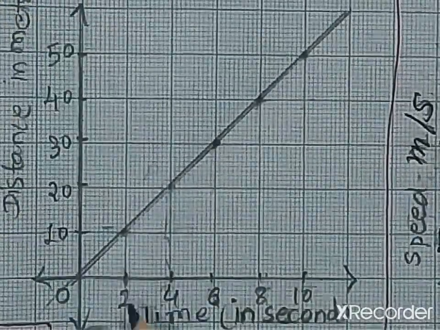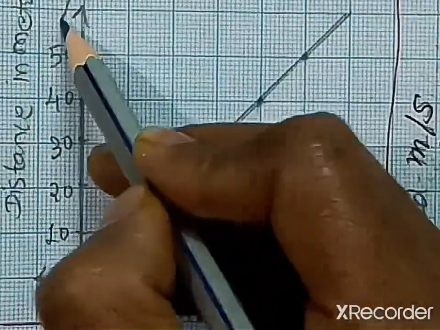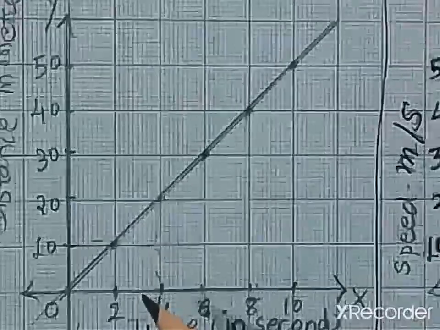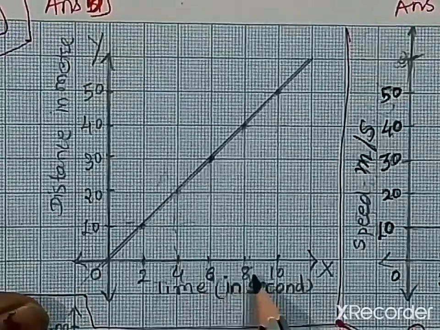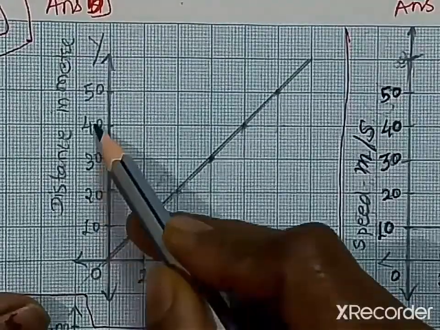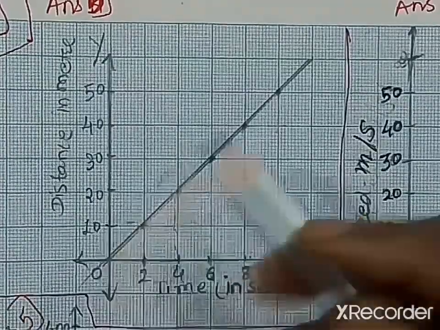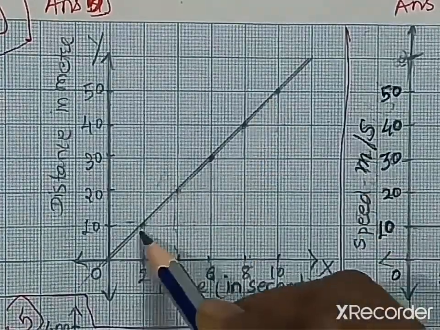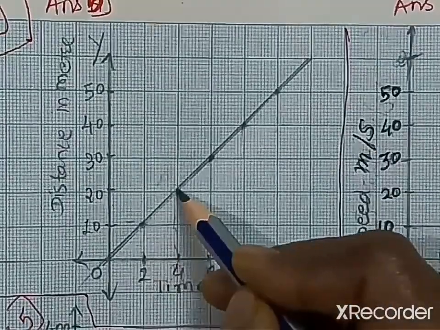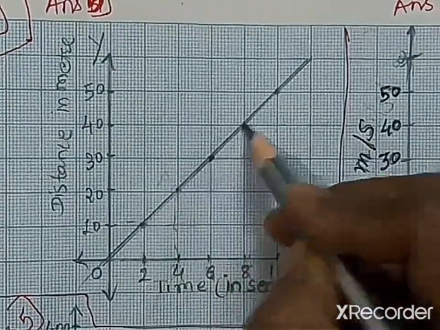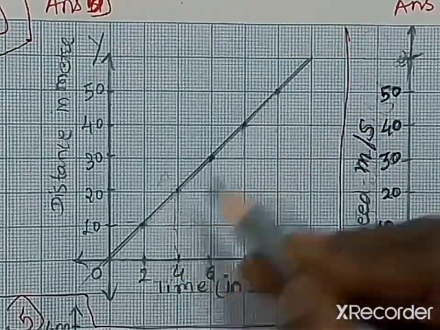So here we have taken time on the x-axis and distance on the y-axis. Okay, so here we can see now time 2 seconds, 4 seconds, 6, 8, 10 seconds, and then 10, 20, 30, 40, 50. So this object has moved 50 meters in a straight line. So we will obtain this type of straight line. That means the graph we obtain is a straight line graph, means it is moving in a straight line or uniform motion.